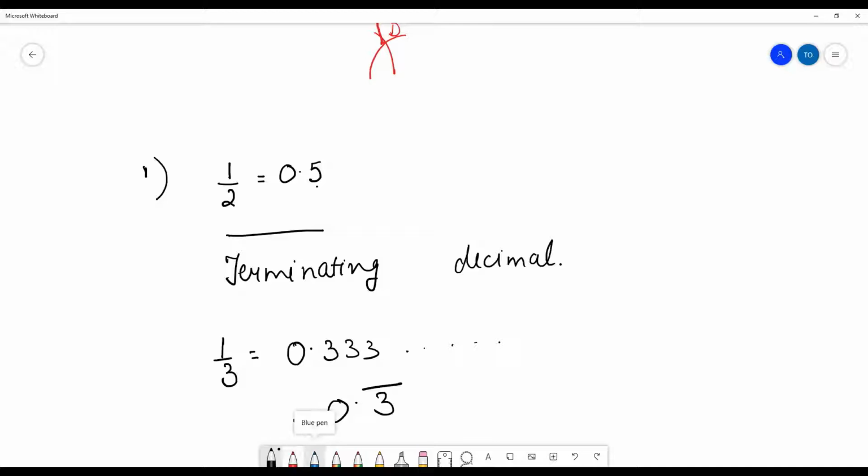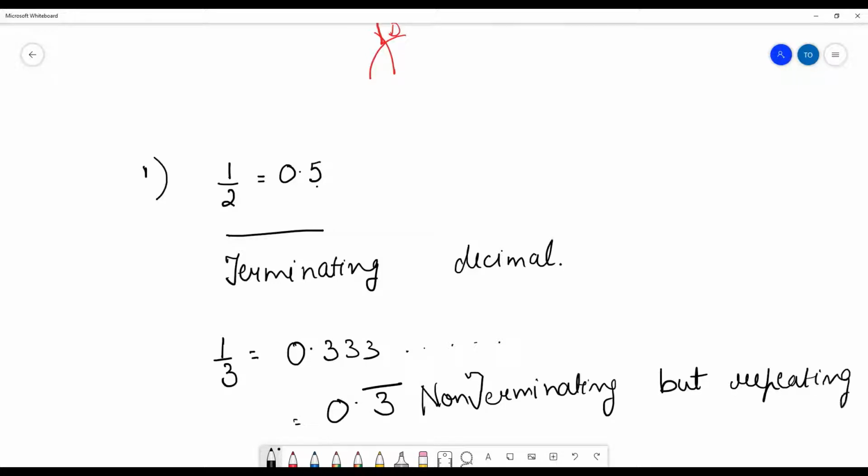So this is the concept of terminating and non-terminating repeating decimals. This one is non-terminating but a repeating decimal.